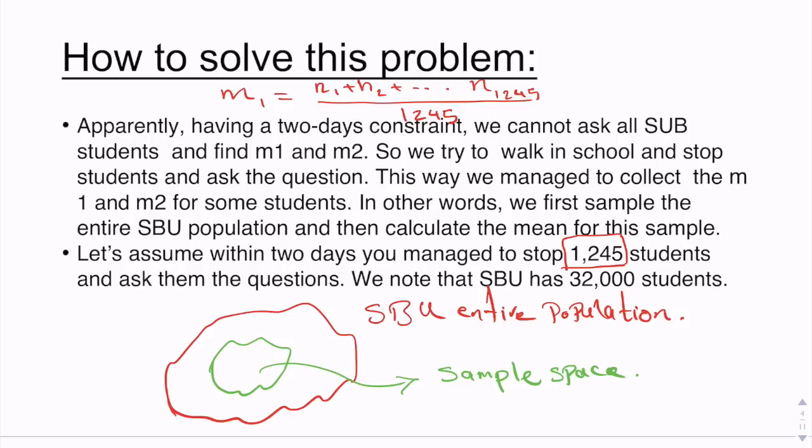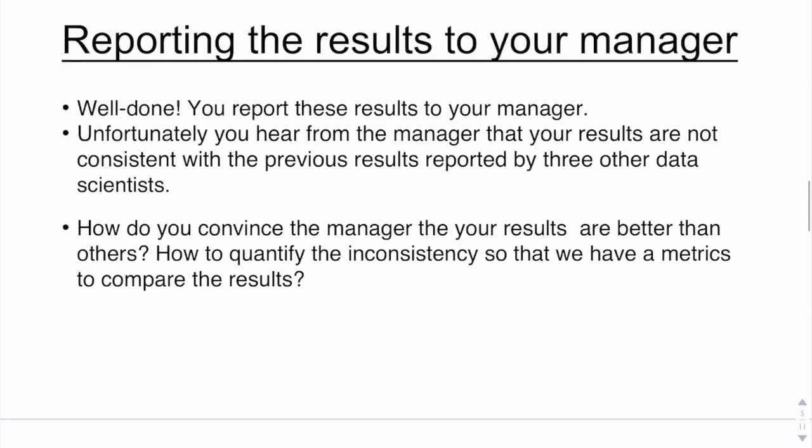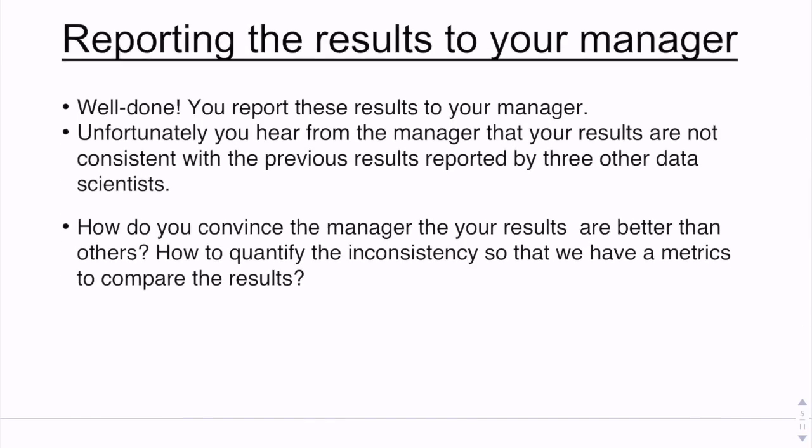Okay, well done. Good job. You managed to provide the means M1 and M2, and then you fly back to your company, and then you report this result to your manager.